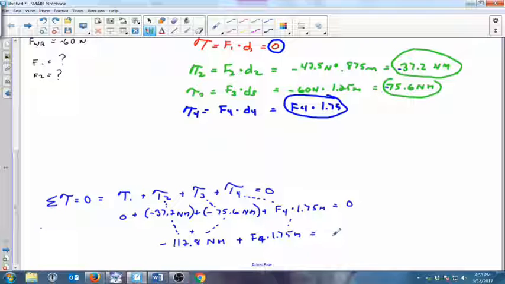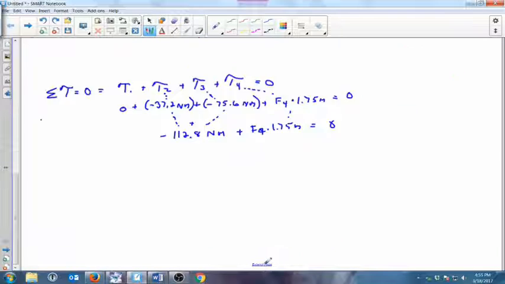All equal to 0. I'm going to move this guy to the other side of the equation. That makes this F4. Anytime I change sides of the equation, the sign changes. So this becomes 112.8 Newton meters. But I don't want Newton meters, and I don't want this to be 1.75.